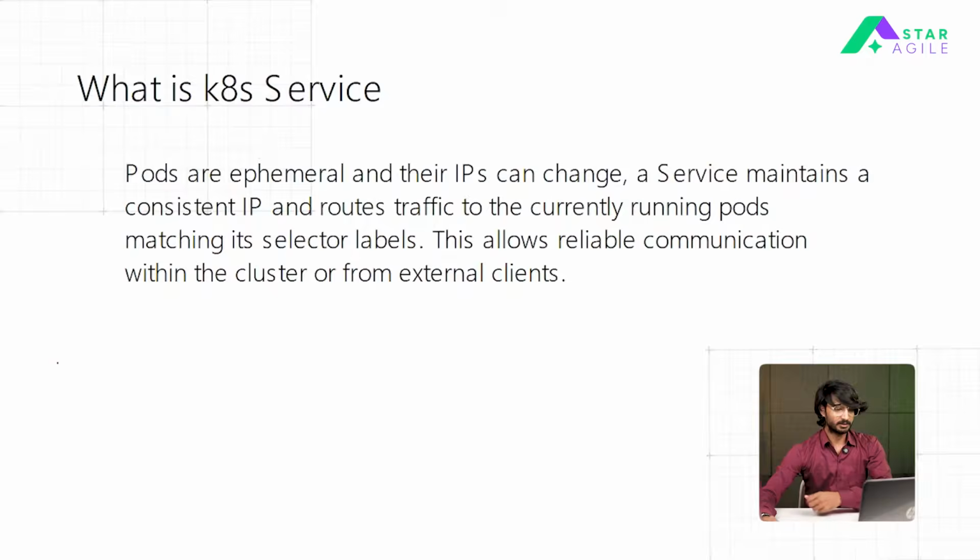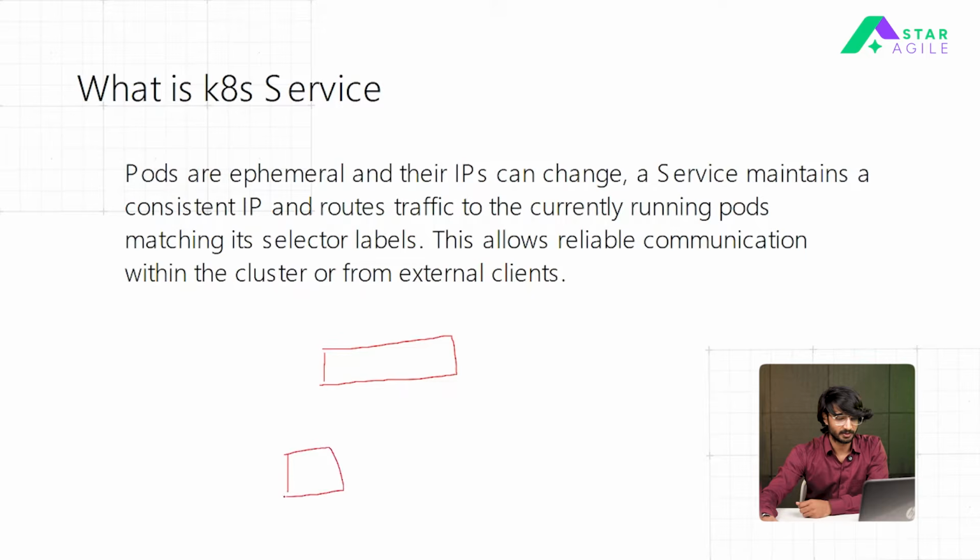All right. The first thing, this is the diagram of your Kubernetes Deployment. I'll take only two pods, or rather, let's go with three, because in our deployment file we saw three replicas.